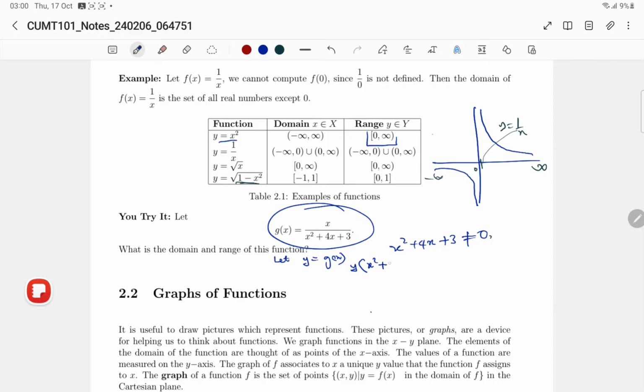y times (x squared plus 4x plus 3) is equal to x. So we just multiply both sides by x squared plus 4x plus 3.